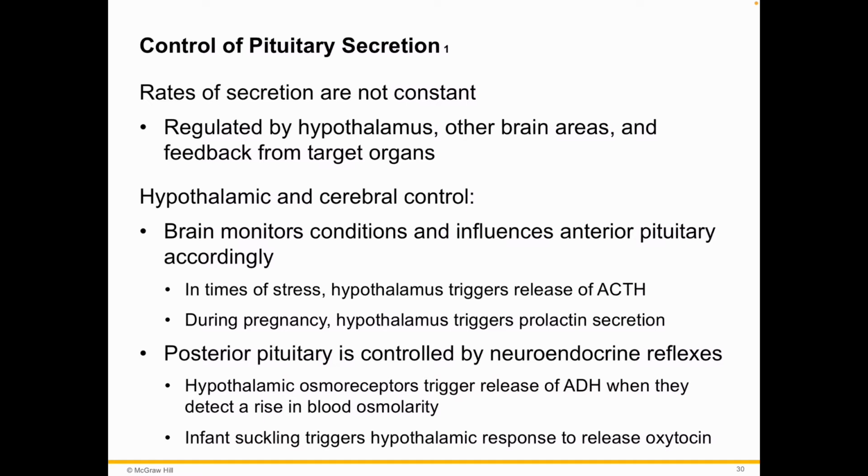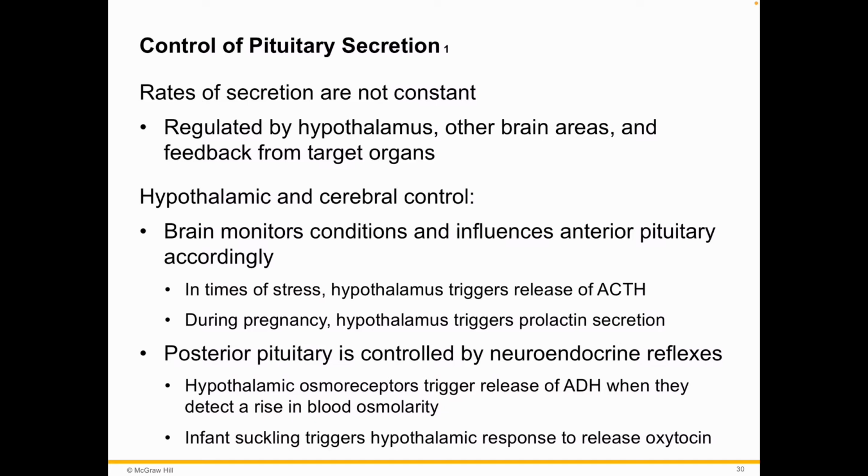They work based on feedback from other target organs and tissues. The brain is always checking what the conditions are inside and outside of the body so that it knows if it needs to communicate for pituitary hormone release in order to cause some changes in the body or in the reaction that the body can have to changes.